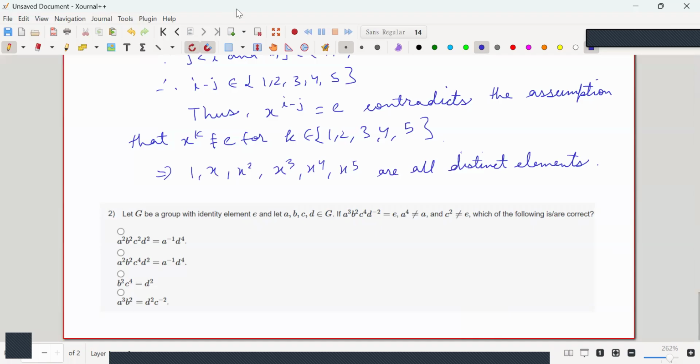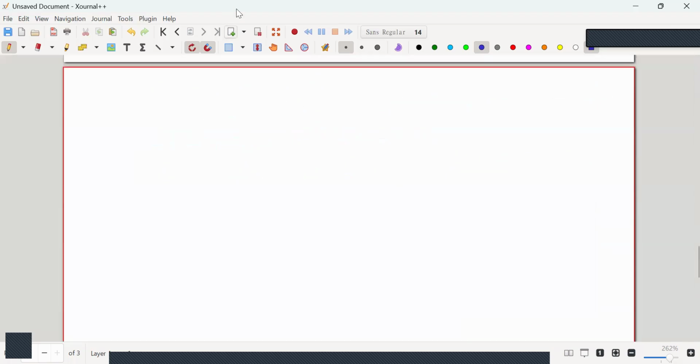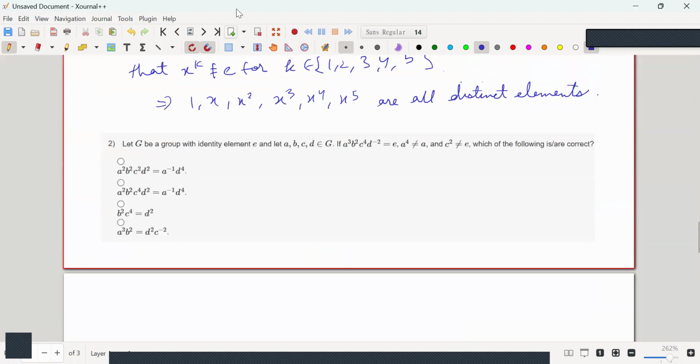So the first statement says that A square, B square, C square, and D square is A inverse D4. Those relations which you can directly derive from this identity, only those statements are supposed to be correct, because you don't know what other relations are present in this group.